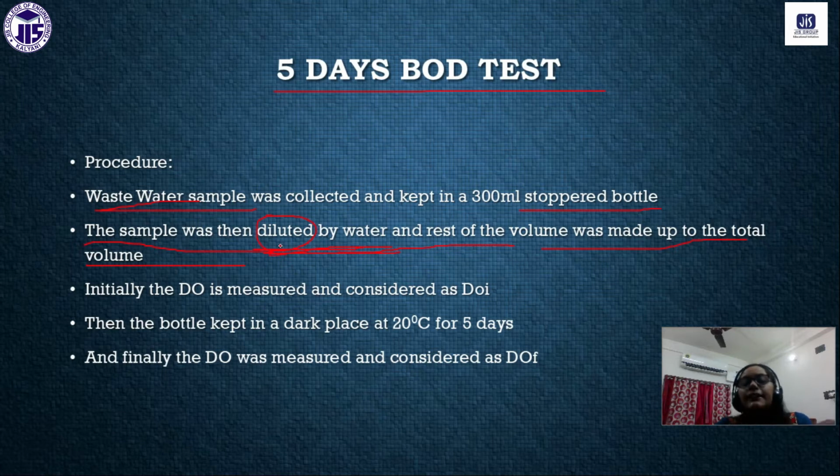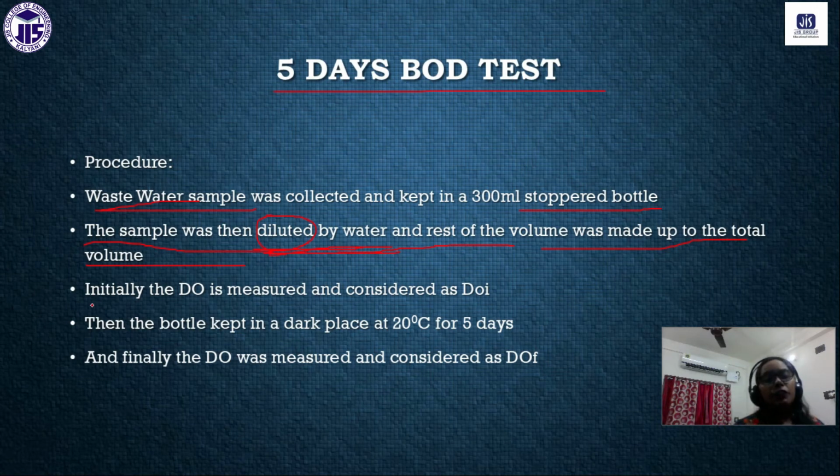Understand? These are some questions you can have in your exams very frequently. Why do we use the stoppered bottle during the reaction? Why do we dilute our wastewater sample? Okay, so these are the answers. Now, what will happen after that?